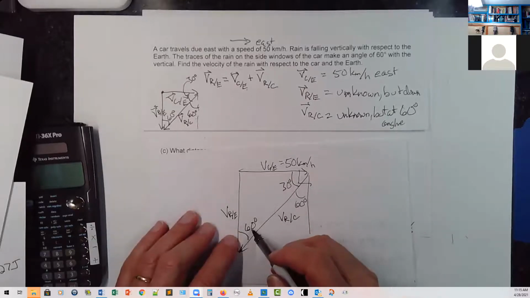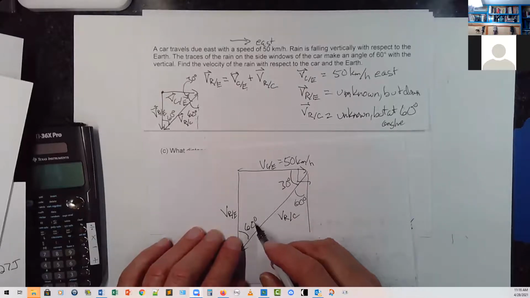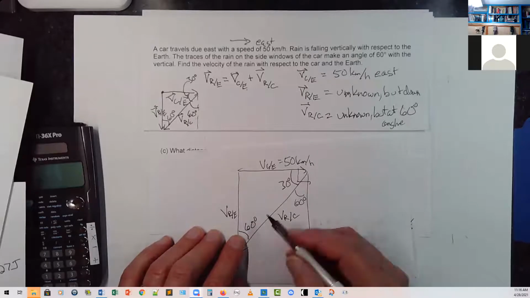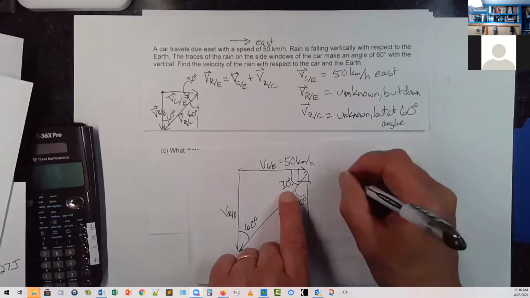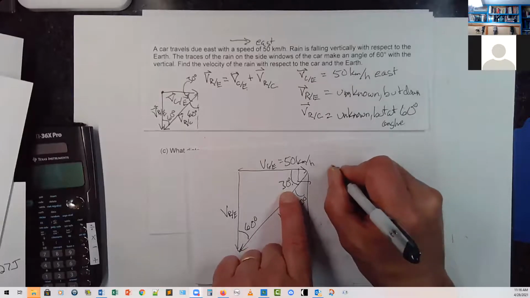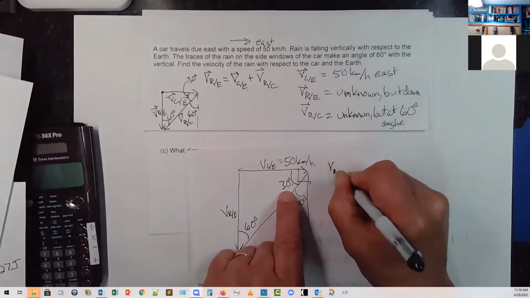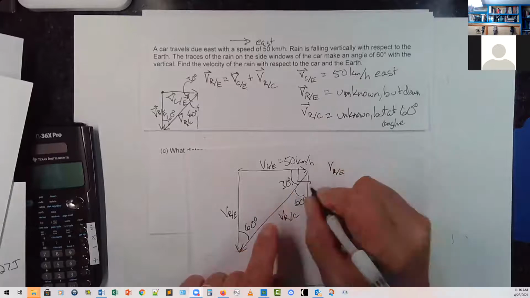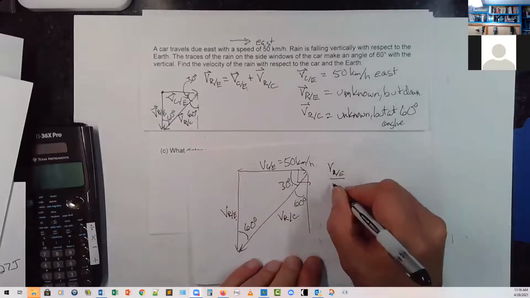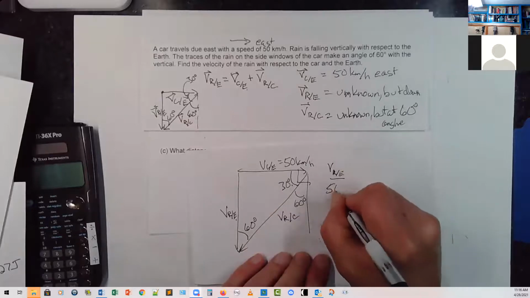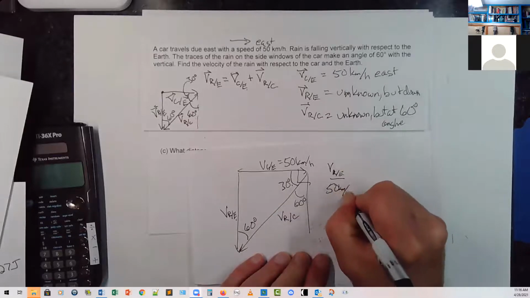So I've got a 30-degree angle there, and I can use my tangent function on this angle. I can say that the velocity of the rain with respect to the Earth, the opposite side, divided by the adjacent side, 50 kilometers per hour.